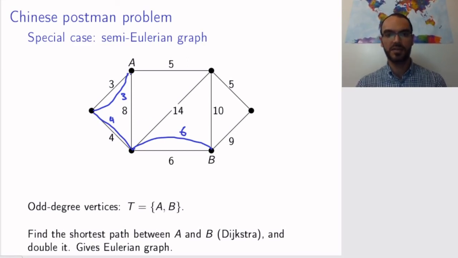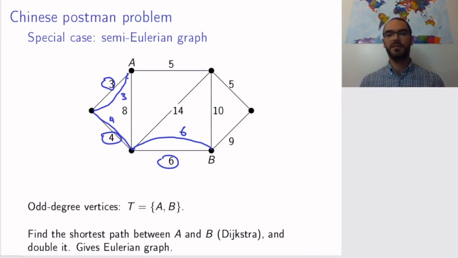Because now I get an Eulerian graph, I can traverse all the edges exactly once, which means that the only roads in practice that I am doubling are these ones with 6, 4, and 3. So I'm adding 13 kilometers to the length of my route, but that's the best possible if I want to go through all routes and come back to the point where I started.